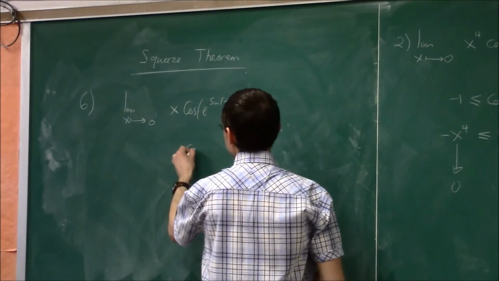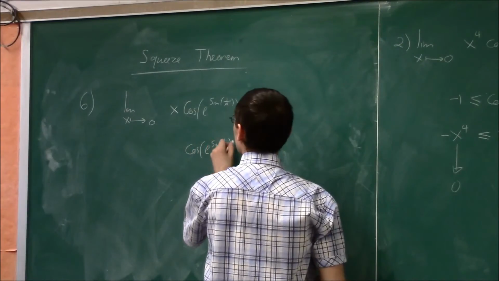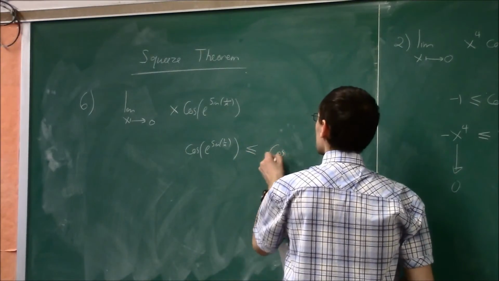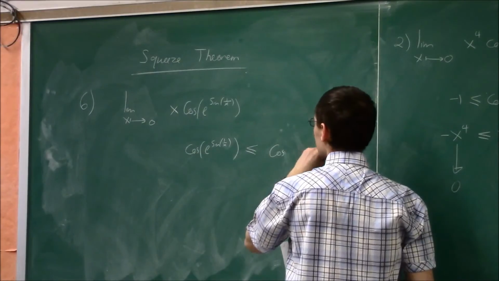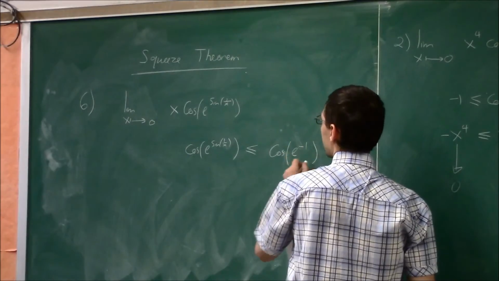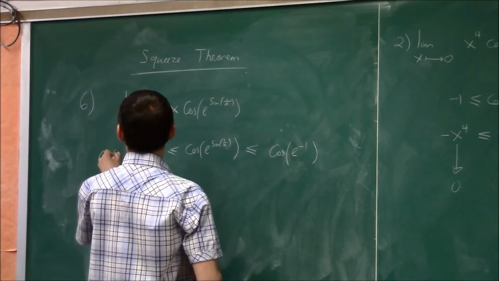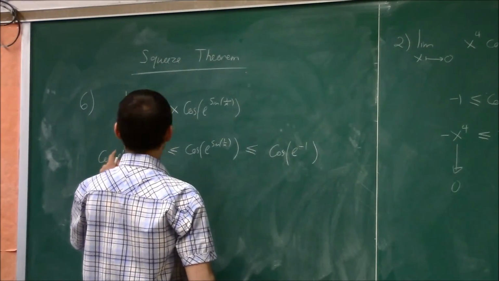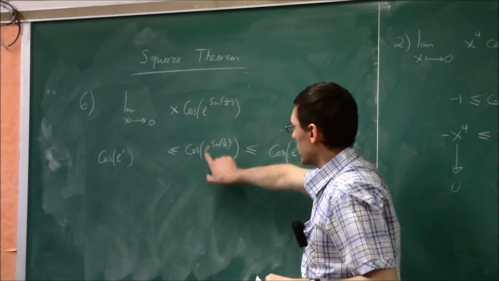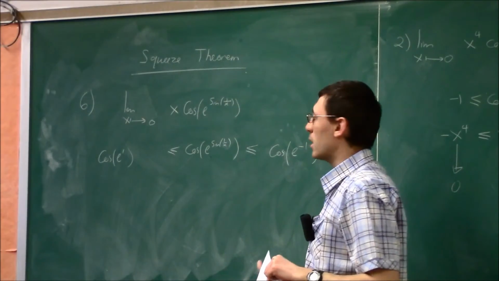We have that cosine of e to the sine of 1 over x is always less than or equal to cosine of e to the power of -1 and bigger than or equal to cosine of e to the power of 1. That's because of the property of cosine: the smaller the angle, the closer the angle to 0, the more cosine is like its biggest value 1.